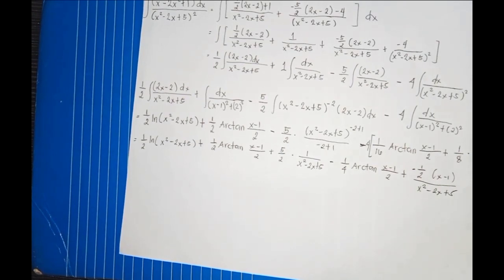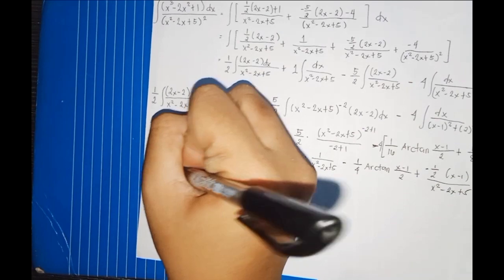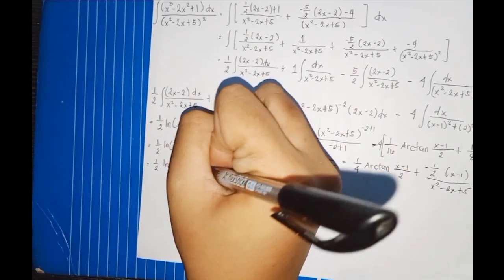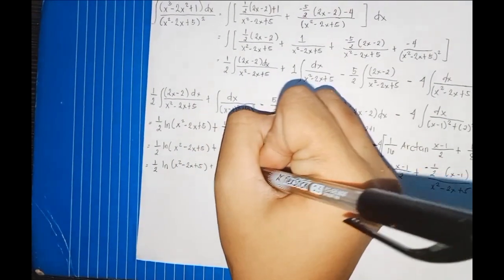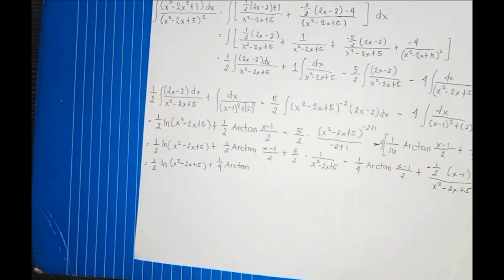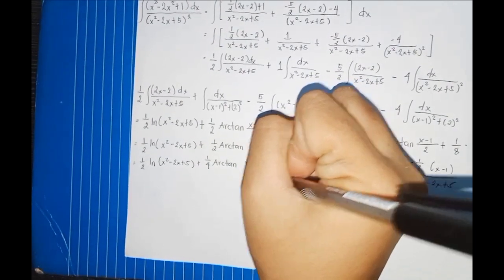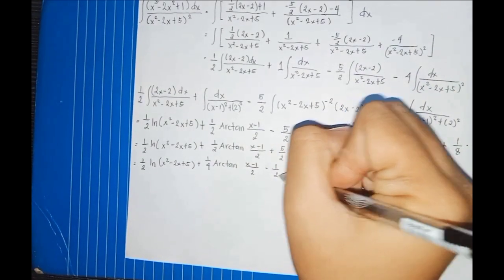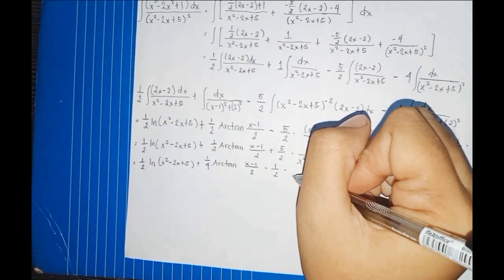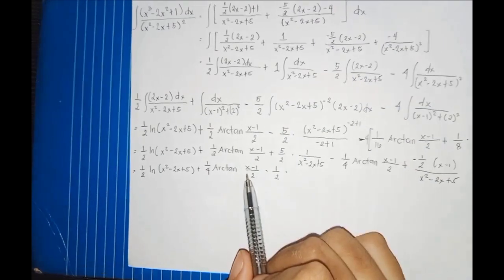Okay, so the next thing that will happen will be 1/2 ln x squared minus 2x plus 5 plus 1/4 arctan x minus 1 over 2 minus 1/2 times the, I say 1/4 x squared.